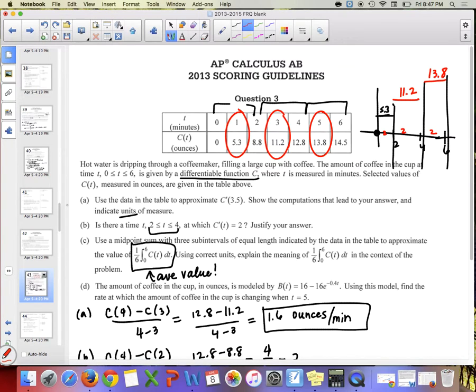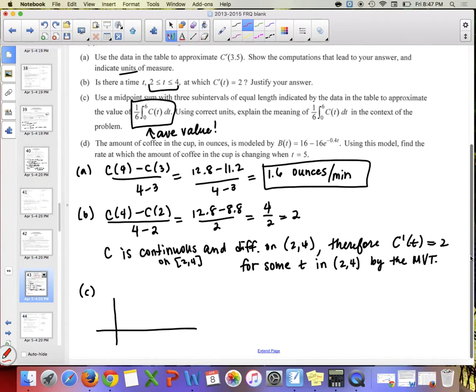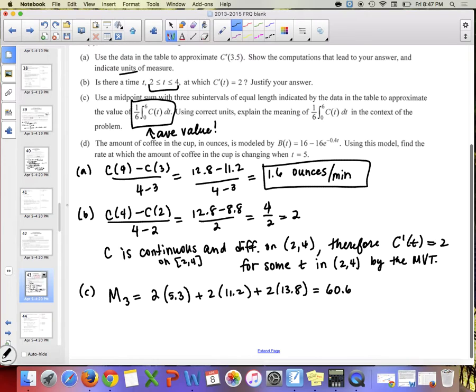So when I go down here, I'm going to have a midpoint with 3 subintervals, so I often write that as M3. They all have a width of 2, and I'm using those 3 values, 5.3, 11.2, and 13.8. When I do that, I get 60.6. Now you have to be a little bit careful though, because this is not the number of ounces in a cup.